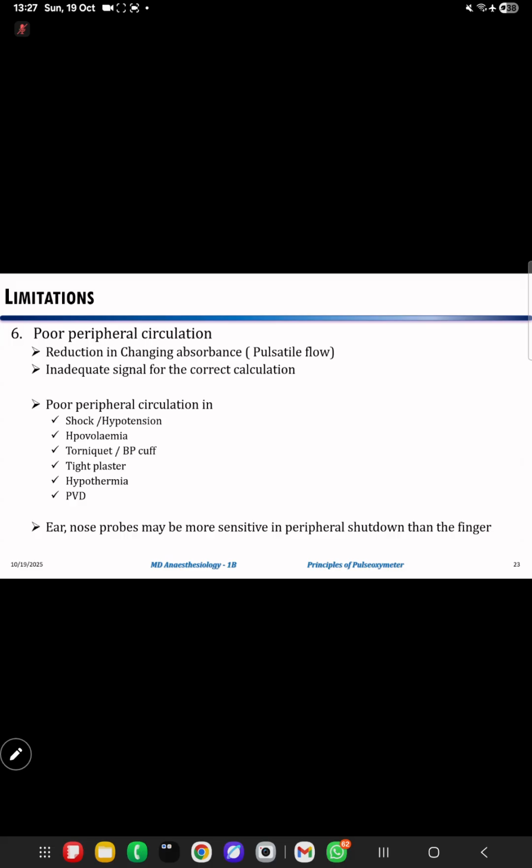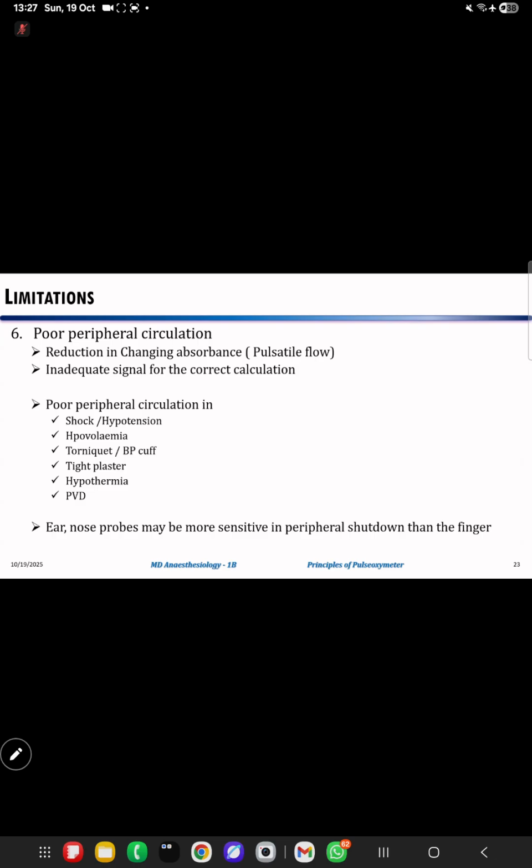And poor peripheral circulation. Because you know that if you don't have a reasonable circulation, the pulsatile flow, the changing absorption, is going to be less, which affects the AC signal of the pulse oximeter waveform detection and will give rise to a false reading.